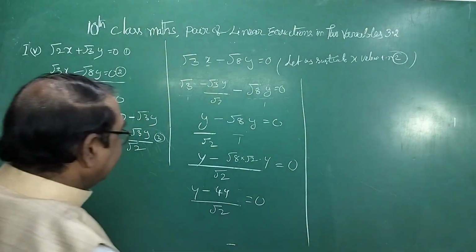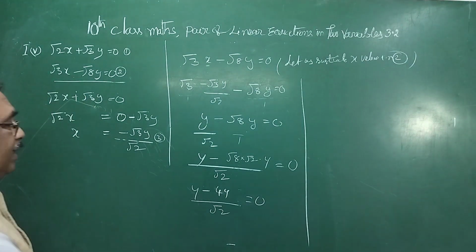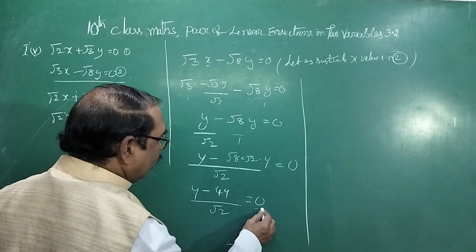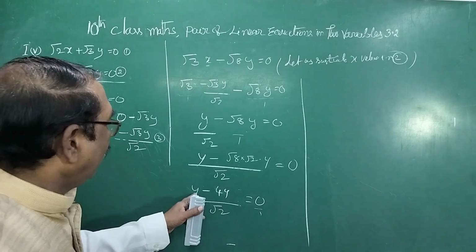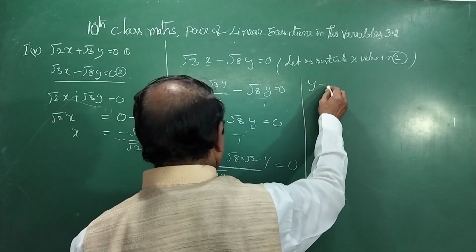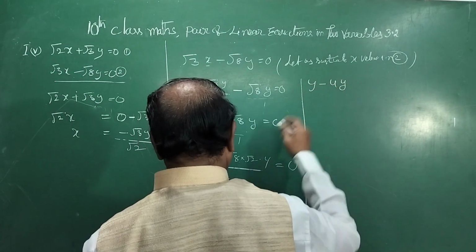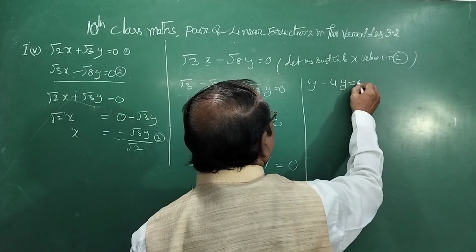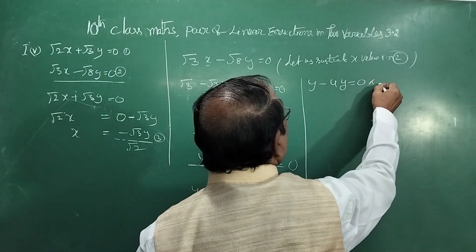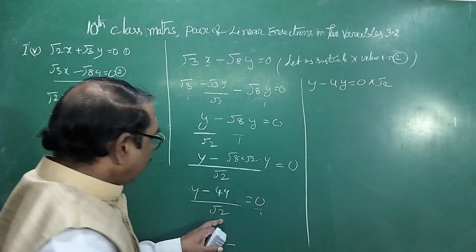Now let us cross multiply. 0 means 0 by 1. So 1 into y minus 4y, and root 2 into this side, 0.